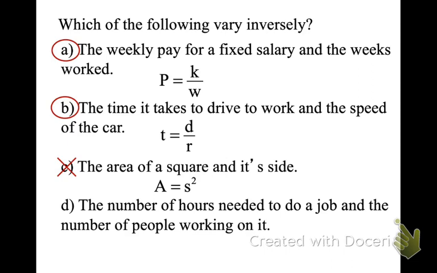So hours is equal to, this is an important one, you see this a lot, right? The more people you have, the less time it takes, so it would be an inverse variation. We always have to ask ourselves, is one quantity going up and the other going down? As the speed goes up, the time goes down.